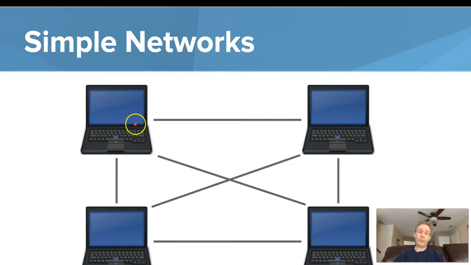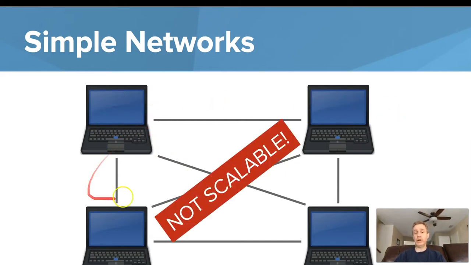While this would work to send information from one computer to any other one, it's not going to be a good method when you start to get many more computers, such as what we have on the internet. It's not going to be sensible for your computer at home to be connected physically to every single other computer on the internet. It's impossible.